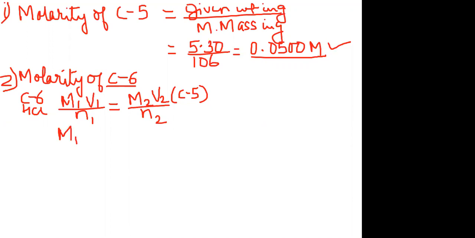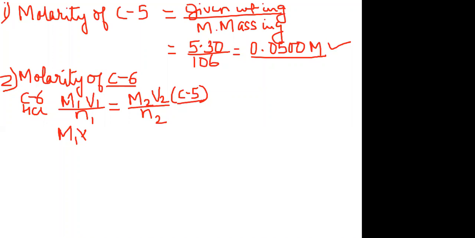But for C5 we know the molarity, and for C5 the molarity is 0.0500. However, if we first do the substitution for HCl, the amount of HCl that was added in the conical flask from the burette has to be mentioned here. That is actually my titer reading.